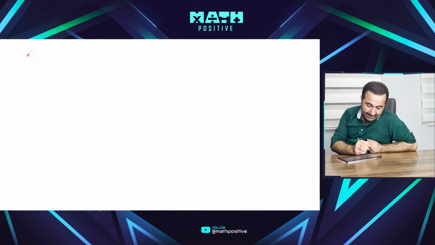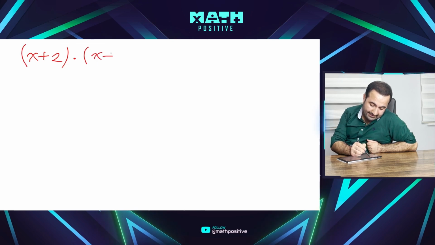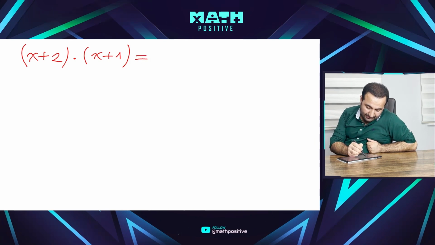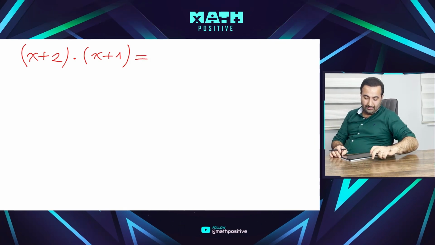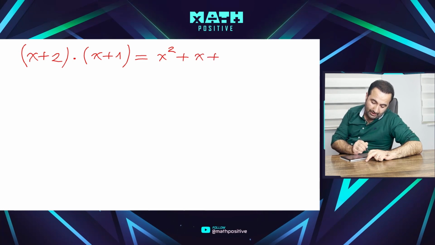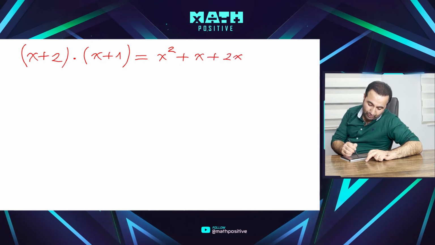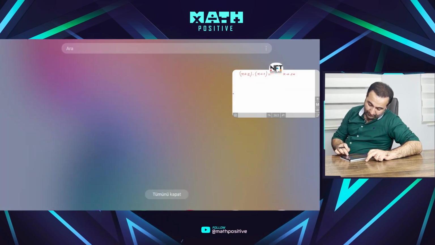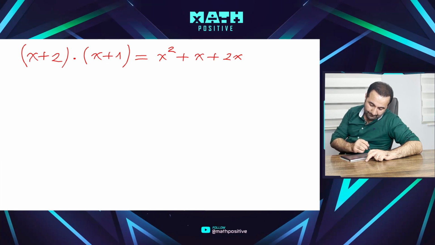Let's check this. x plus 2 times x plus 1. Let's multiply these two expressions. x times x equals x squared, plus x times 1 equals x, plus 2 times x equals 2x, plus 2 times 1 equals 2.